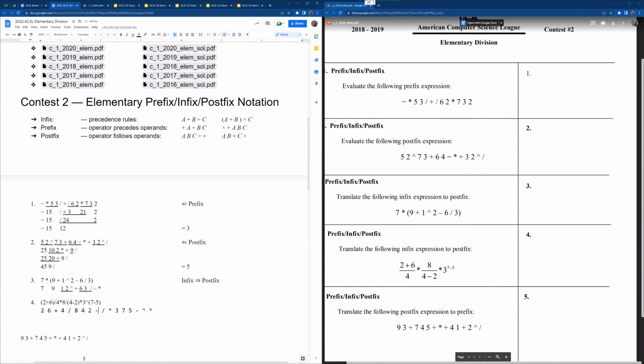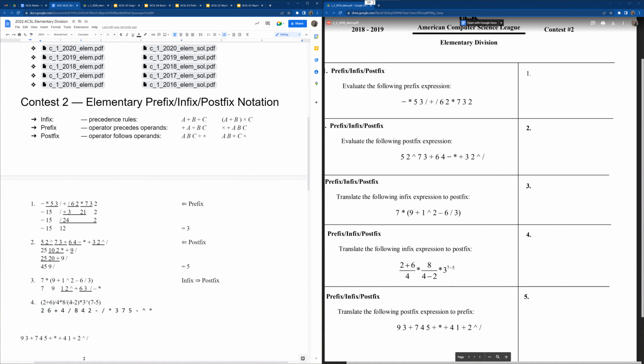So what you can see here is this 4 subtract by 2, 4 minus 2 is done first, right? As shown in this expression in problem number 4. And that 2 plus 6 is also done first, right? Because you got that 2 plus 6 there, and then divide by 4.